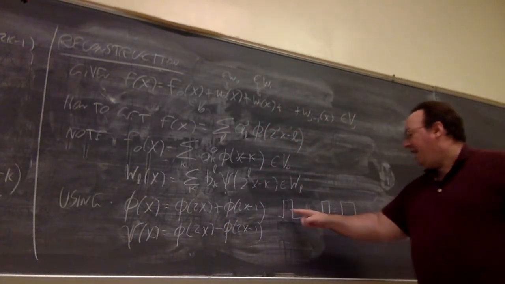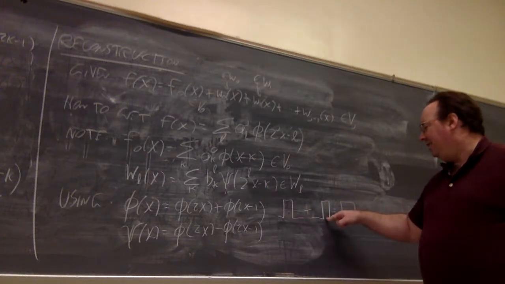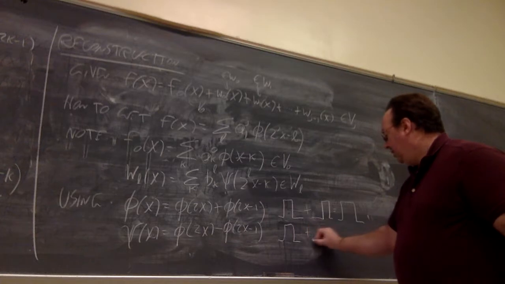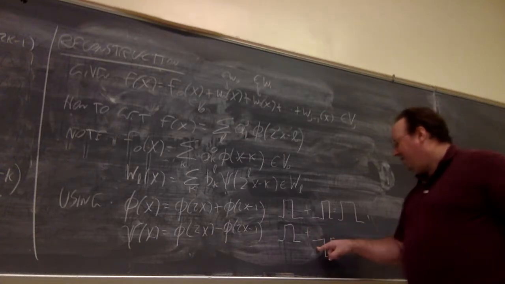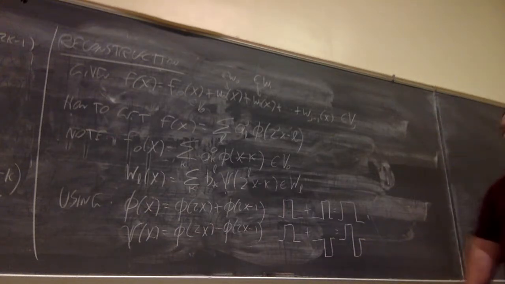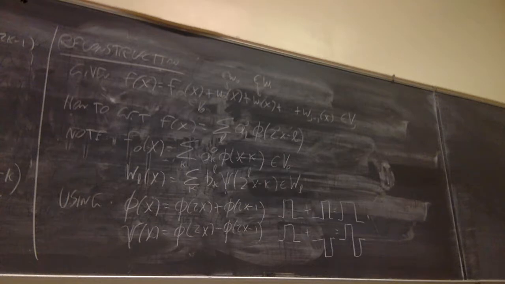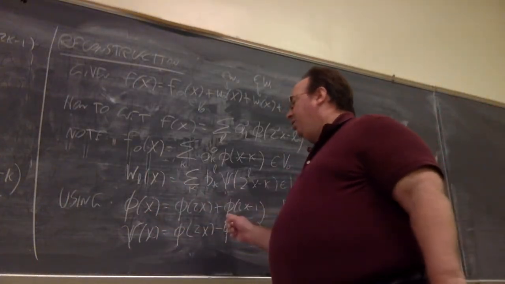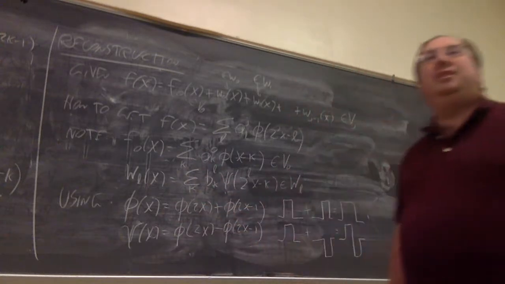Because if we took that minus that, I'll negate it, it gives a wavelet. So before, we had equations to go from a finer scale to a coarser scale. Now it's the other way around.